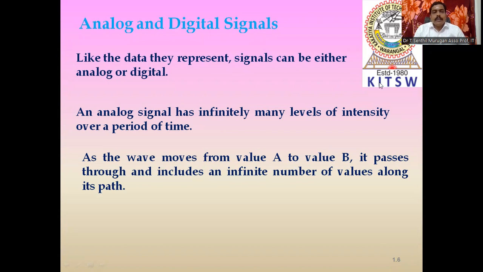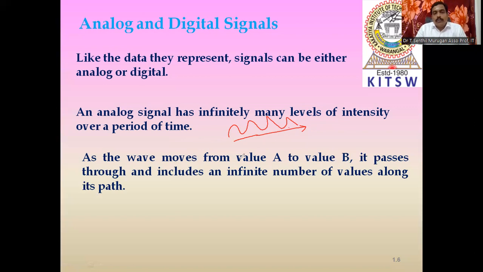An analog signal has infinitely many levels of intensity over a period of time. How do we represent the analog signal? Using sine waveforms. The intensity over the period of time, and the time may be mentioned to show how the signals are moving.